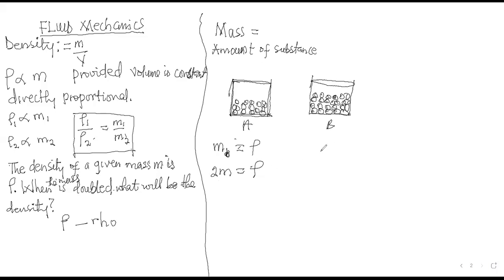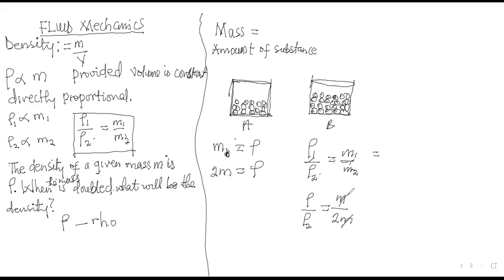We don't know. So using rho 1 over rho 2 is equal to M1 over M2. M1, the first mass, we have rho over rho 2 equal to M over the new mass, which is 2M.